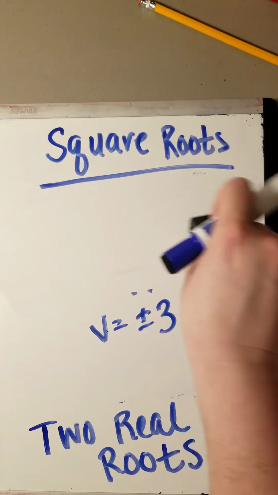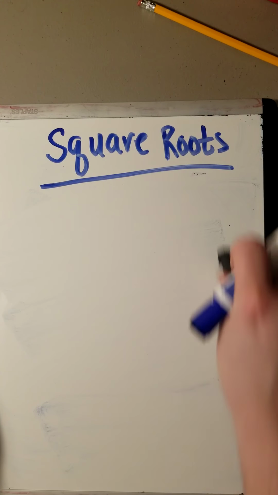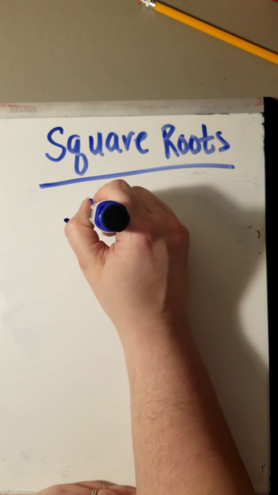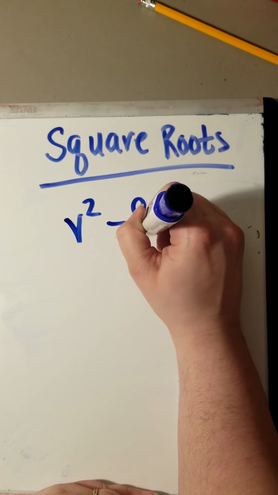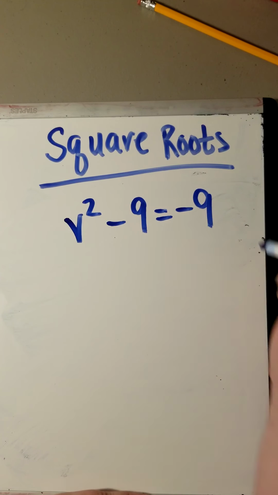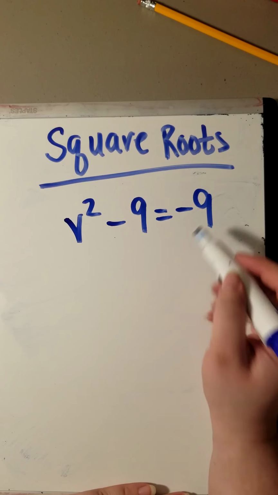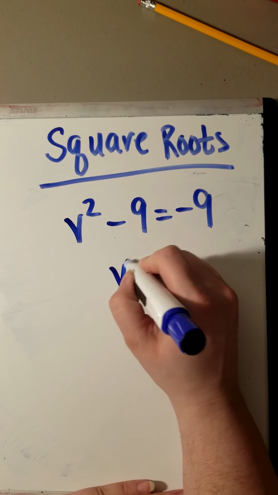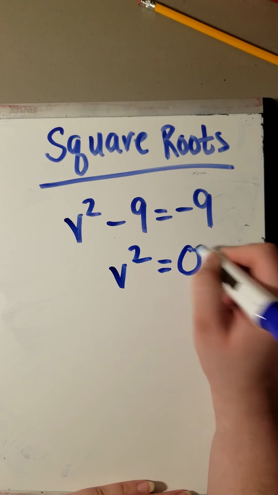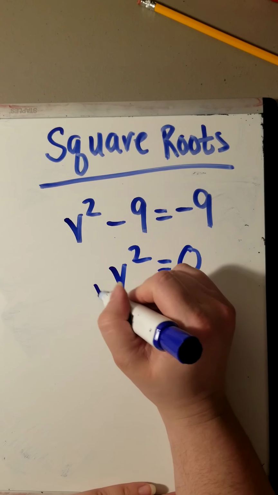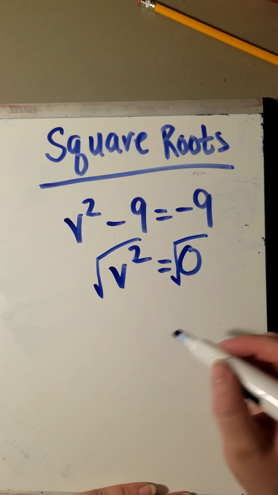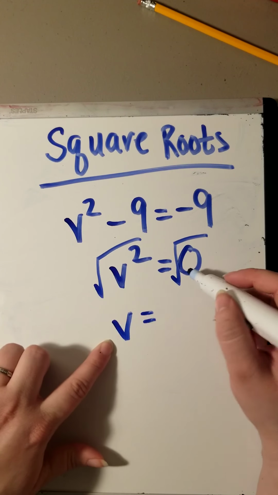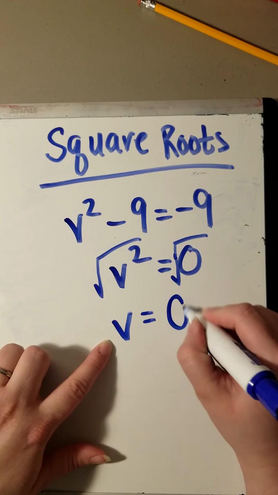The other case is, what if I have something like this? And I bring this 9 over to the other side. Well, I would add 9 to both sides, so I'd get v squared equals 0. And if I take the square root of both sides, the square root of v squared would be v, and the square root of 0 is just 0.